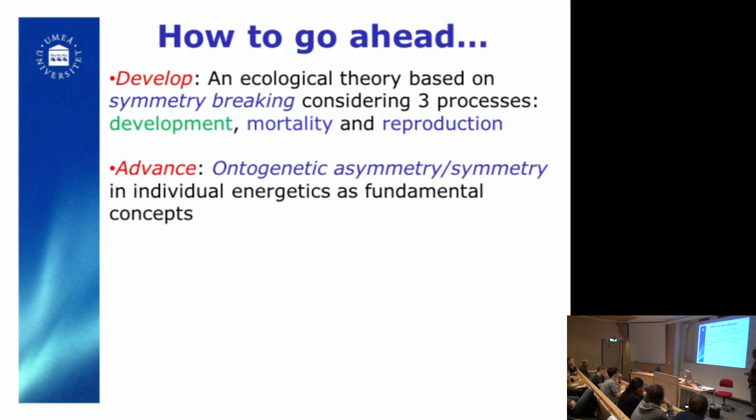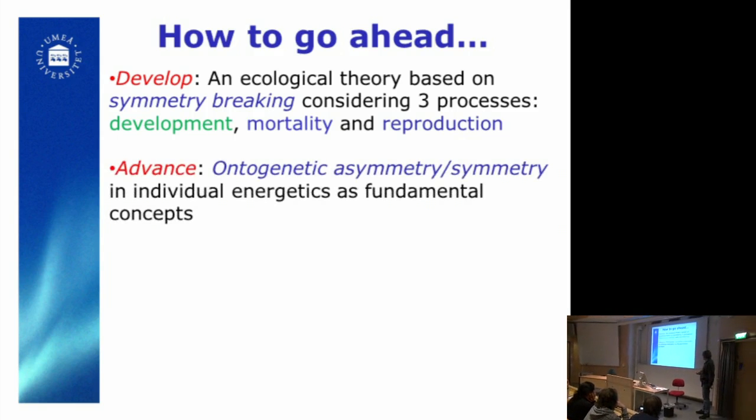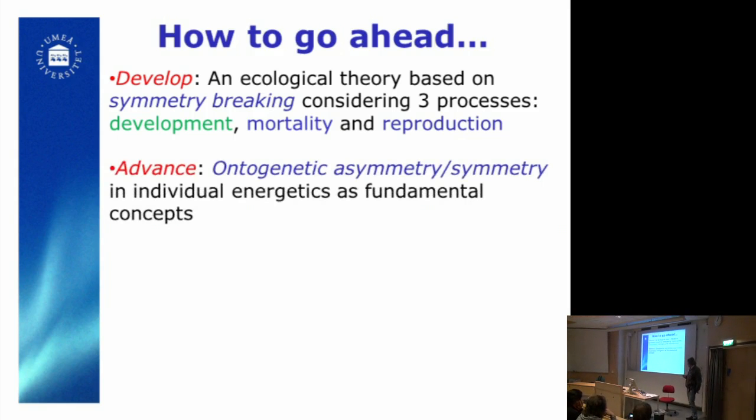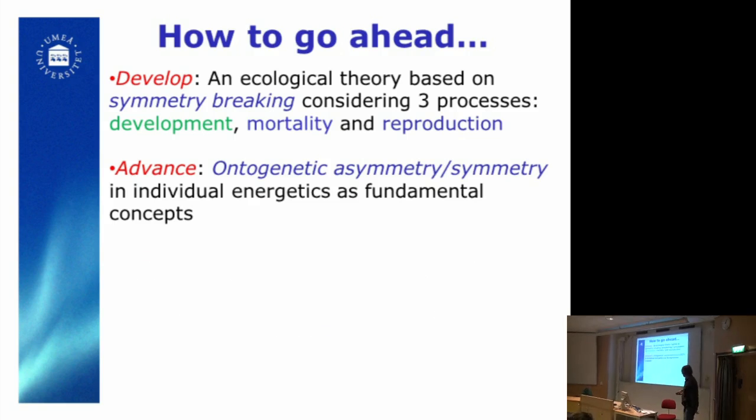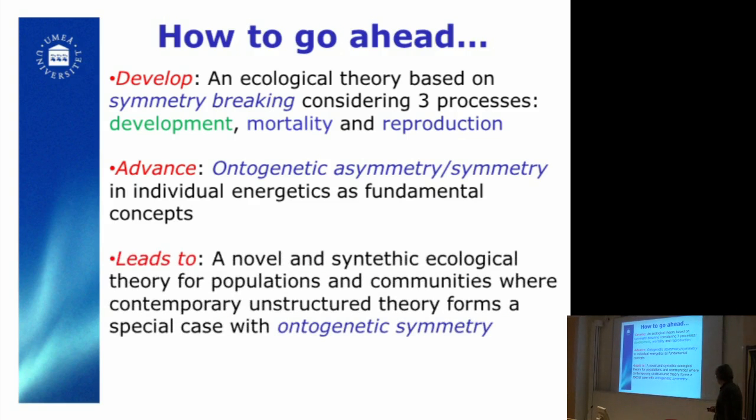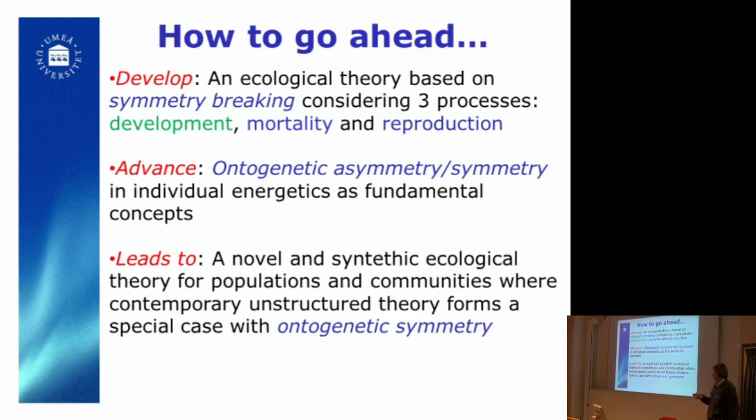And I will advance ontogenetic asymmetry and symmetry in individual energetics as fundamental concepts to ecology. And this leads to novel and synthetic ecological theories for populations and communities, where present contemporary unstructured theory actually falls out as a very special limiting case of ontogenetic symmetry.